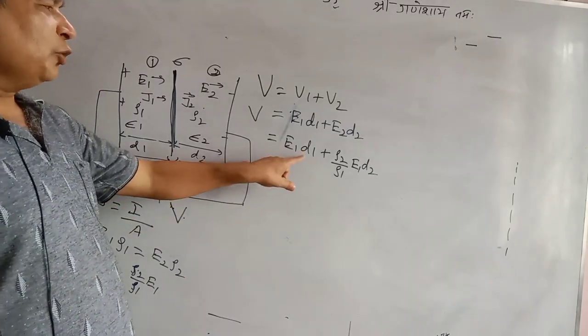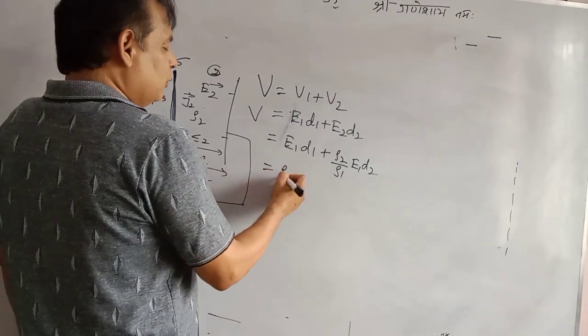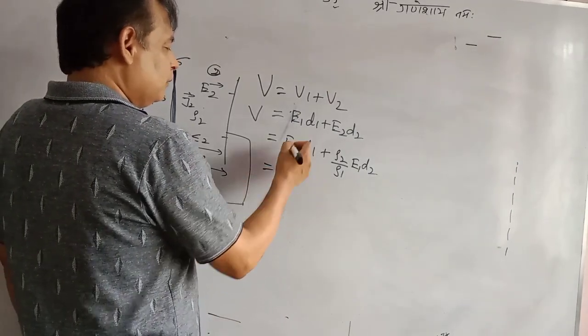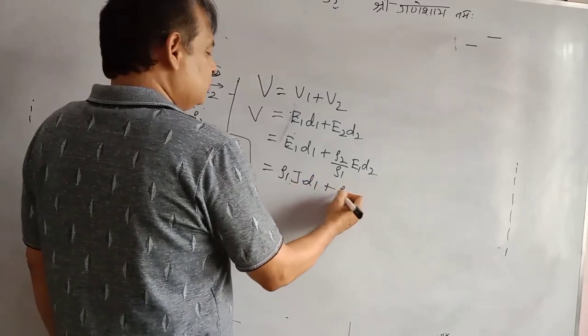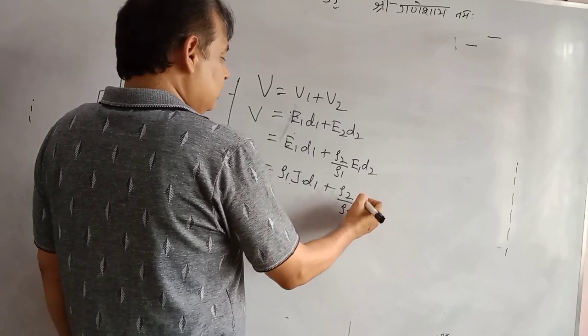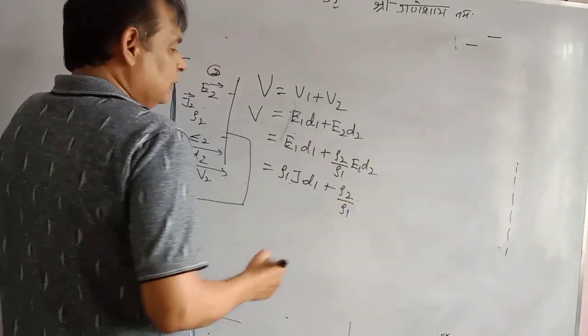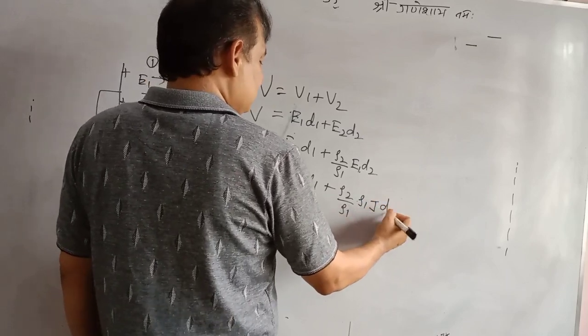But E equals rho j. We can have here E1 is rho 1 j. For E1 we can write down rho 1 j D1 plus rho 2 by rho 1 E1, and E1 is rho 1 j D2.